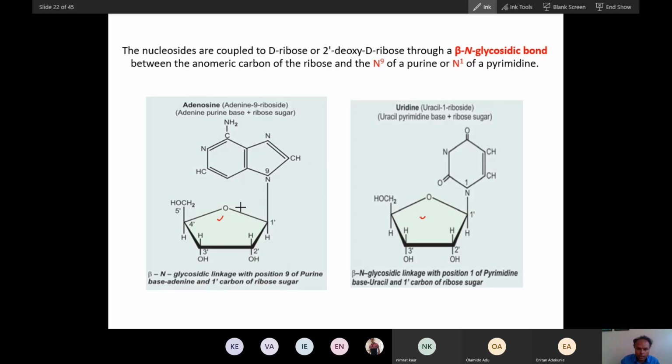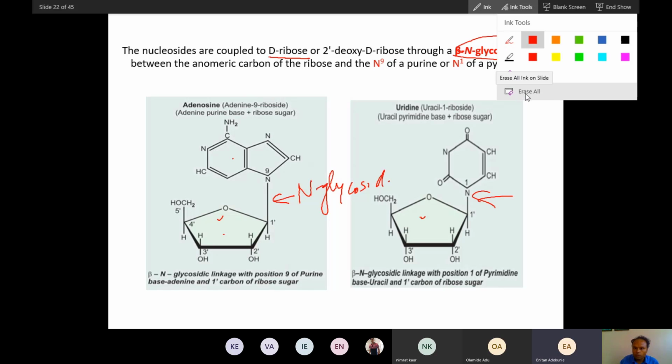So especially DNA. Nucleotides are coupled to ribose and deoxyribose through an N-glycosidic bond. You can see this, first let's see this. This is an N-glycosidic bond. From this sugar, this base is bound with an N-glycosidic bond. This is also an N-glycosidic bond. Where do you find an O-glycosidic bond?